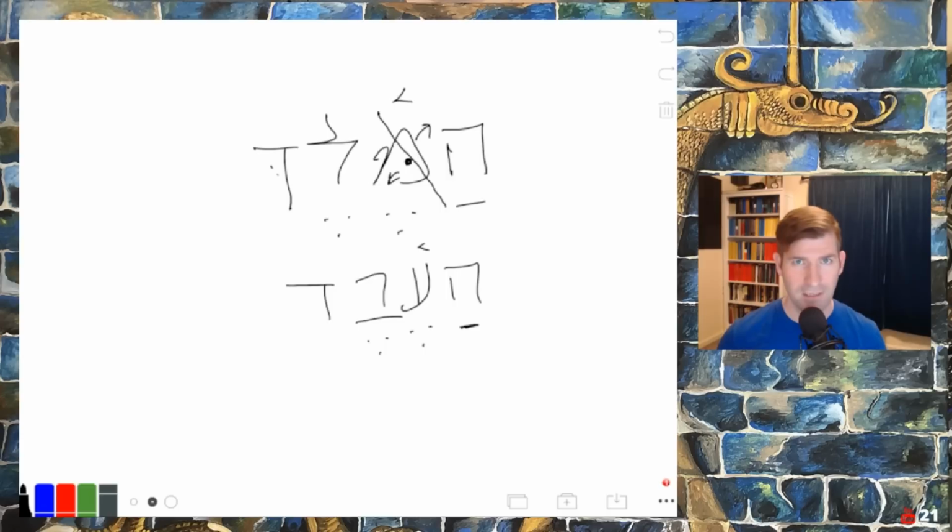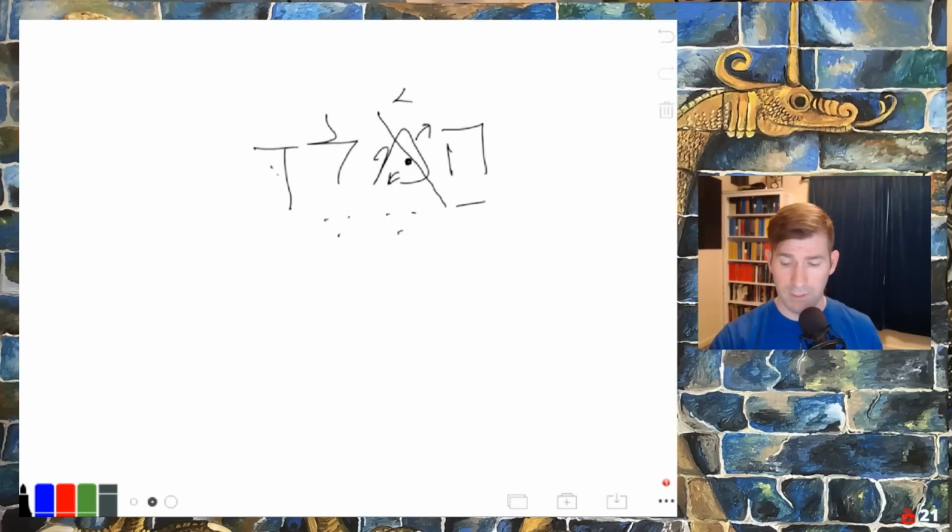There are certain consequences for that, and we'll talk about that in a later lesson. So the big thing to remember here is that if you want to say "the," to make a word definite, give it the definite article, you put ha, hey, patach, and a dagesh forte or a doubling dot in the first letter of the word. Pretty simple.